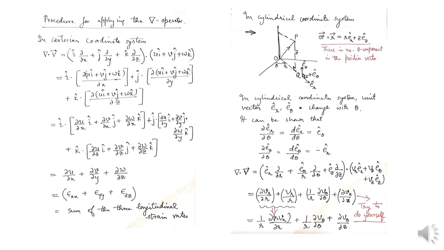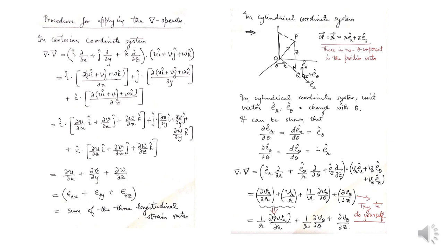Now this OP vector can be made to lie in a plane as shown, and that plane will in general have some angle theta with respect to your reference line, which is shown, and then the unit vectors are also shown. All three unit vectors are mutually perpendicular.